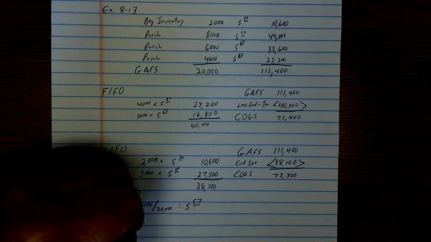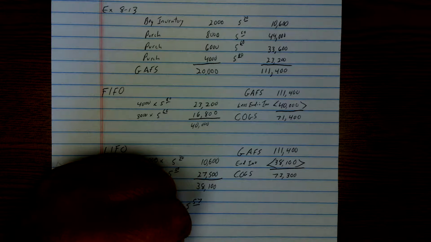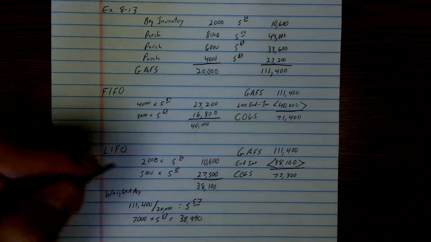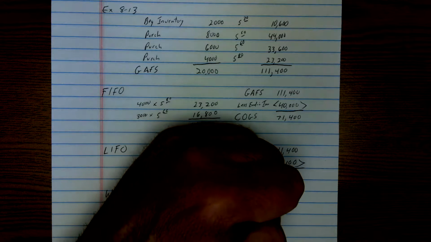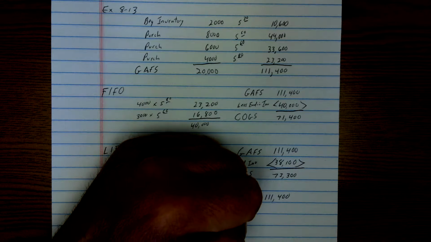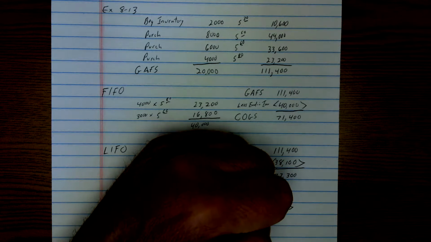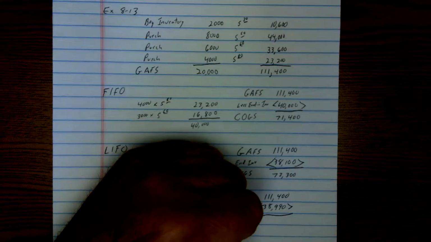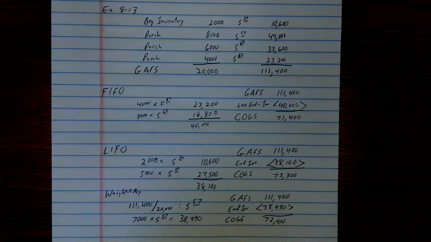Take the 7,000 in ending inventory times $5.57, and that's $38,990. So it's the same formula. Goods available for sale, $111,400, less the ending inventory of $38,990, and that will give us a cost of goods sold of $72,410. All right, so that's exercise 8-13.